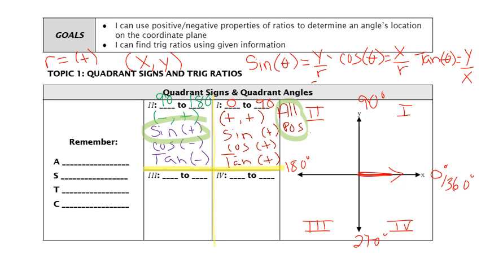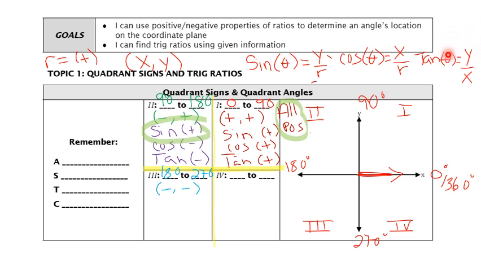Same thing for quadrant 3, so same concept. We're going 180 to 270. And if we think about sine, sine is y over r. In this quadrant, x and y are both negative. So y over r would be a negative over a positive. So sine would be negative. Cosine is x over r. And x is negative, so cosine would be negative.